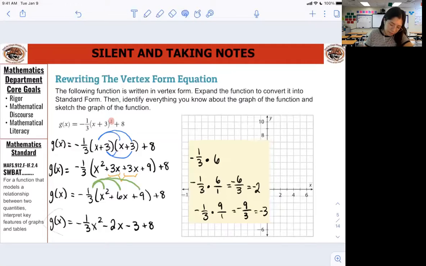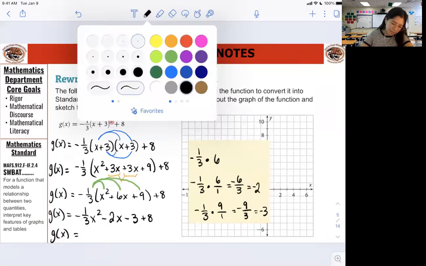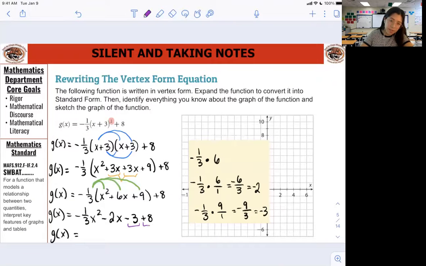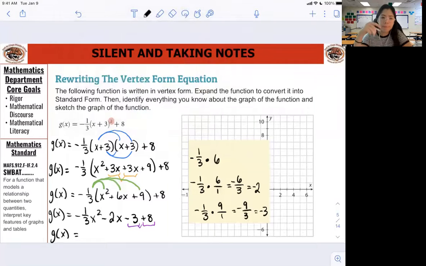What do I get in the end? Standard form. What's that number going to be at the end? Negative 3 plus 8, positive 5. So my standard form is negative 1/3 x squared minus 2x plus 5.